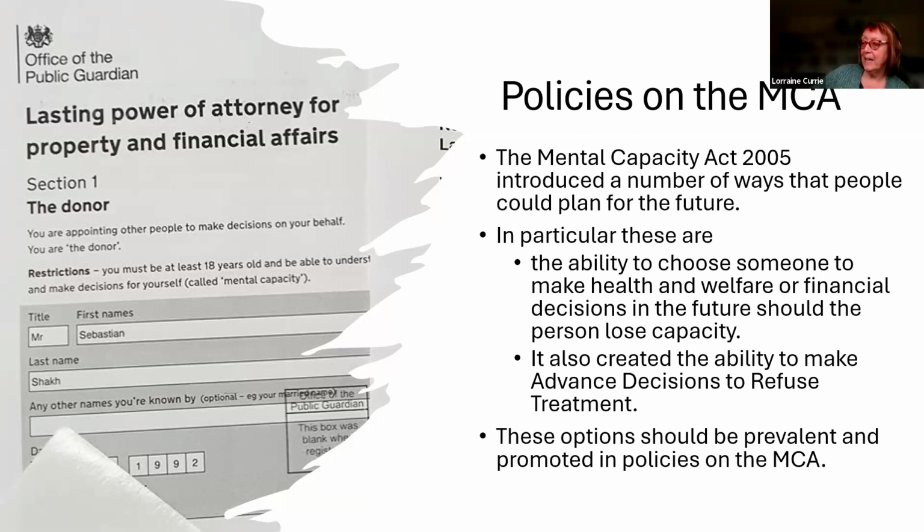And then secondly, the ability of people to make advanced decisions to refuse treatment. Some of you may have policies, and I think one of the policies we've looked at, and we'll look at the end of the session, is around care and treatment decisions. So it's very important that they make reference to the person's ability to have already decided in advance that there's certain treatment that they don't want. That might be general, or it might be life-sustaining treatment.